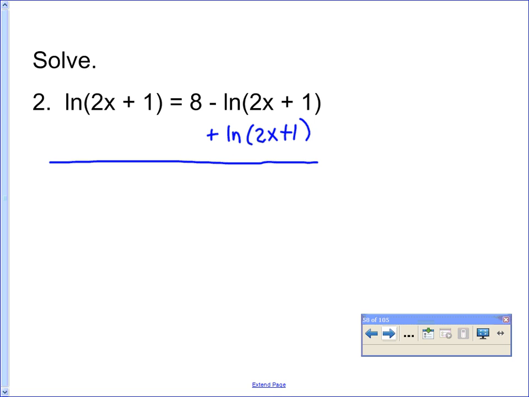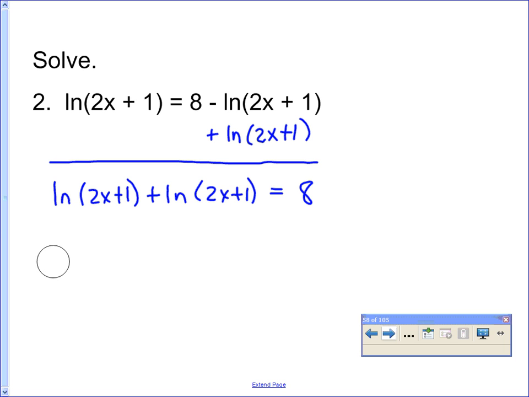Okay, and when I do that, I end up with this. So then I can rewrite that. I have the sum of two natural logs, so I can write it as a single logarithm and multiply, which is going to give me 2x plus 1 quantity squared is equal to 8.